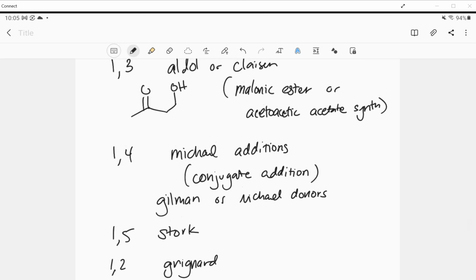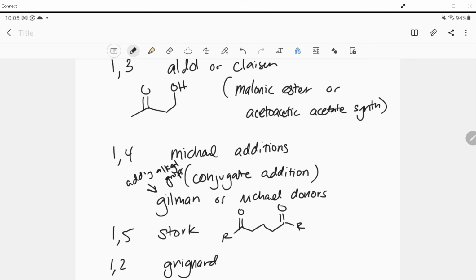And then the 1,3 looks like that. Is there a specific thing we should look for in the others? Oh yeah, a Stork would be a 1,5. Here's some R groups. With Gilman, of course, you're just adding alkyl groups.